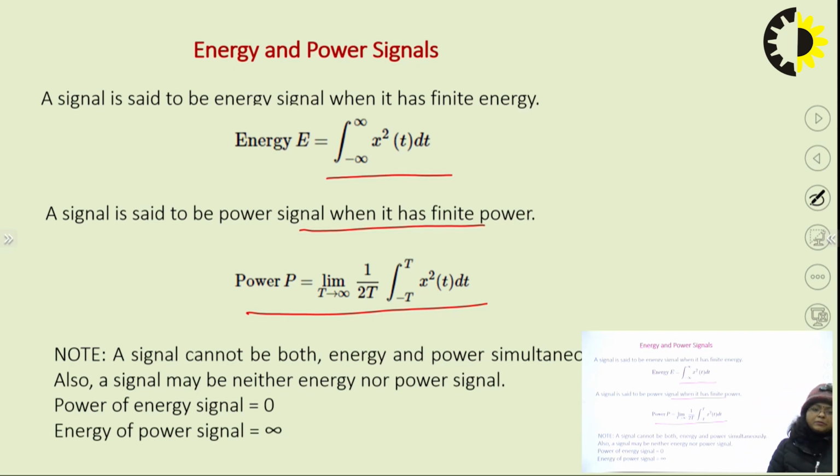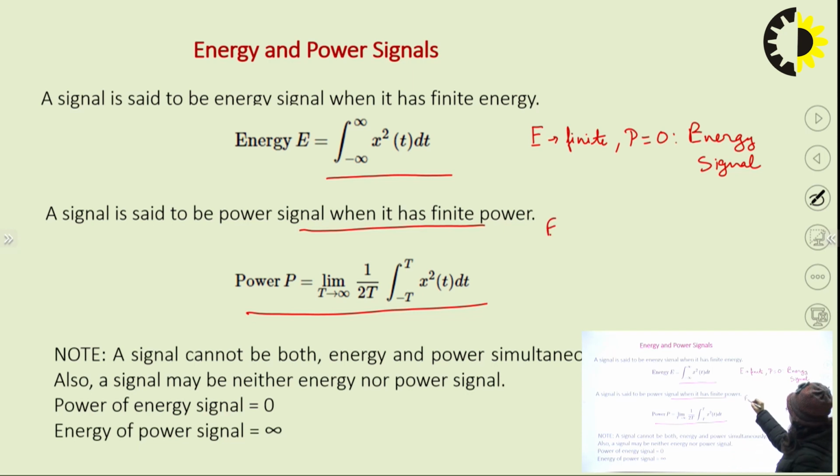Now, a signal can be an energy signal or a power signal or neither. If energy is finite and power is 0, it is called an energy signal. And if energy is infinite and power is finite, it is called a power signal.